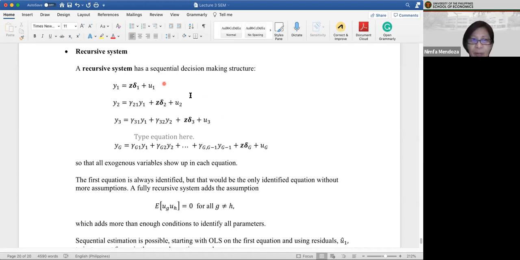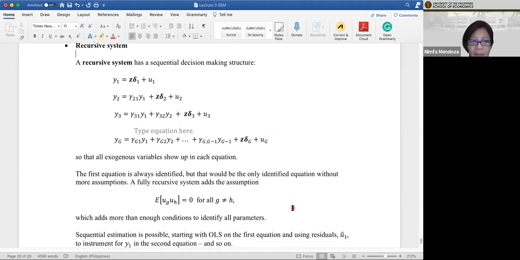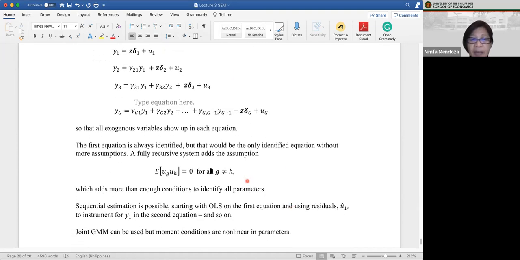So u sub 1 and u sub 2 are uncorrelated. U sub 3, U sub G are uncorrelated. U sub 2, U sub G are uncorrelated, and so on. So this would add identifying conditions.